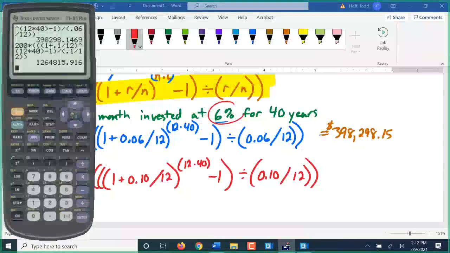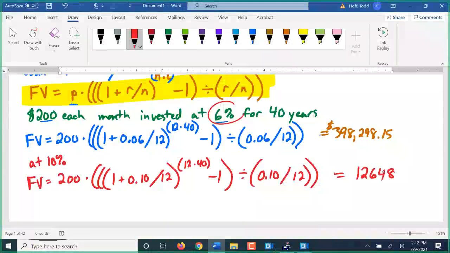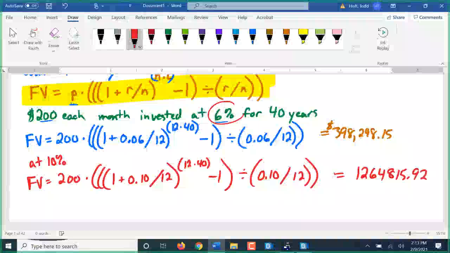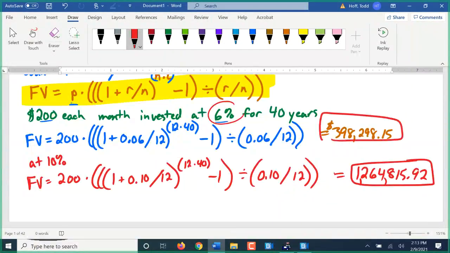Now here you see that now it's $1,264,815.92. Considerably larger. You're not putting away any more money, you're just investing it wiser at 10% instead of 6%.